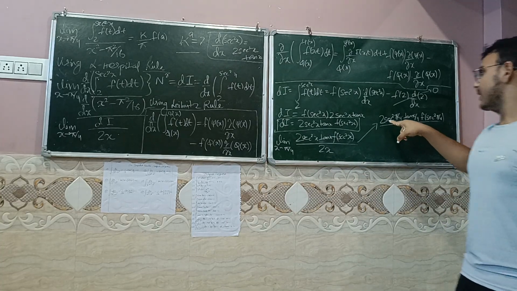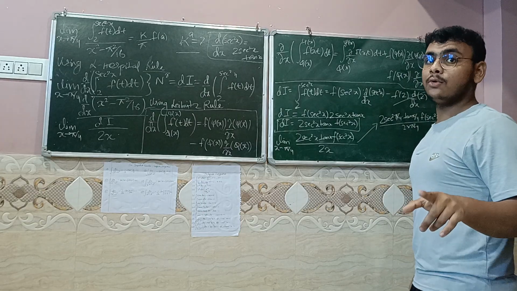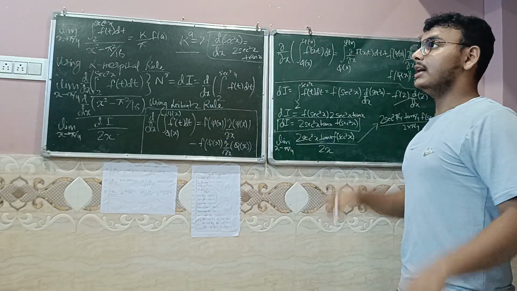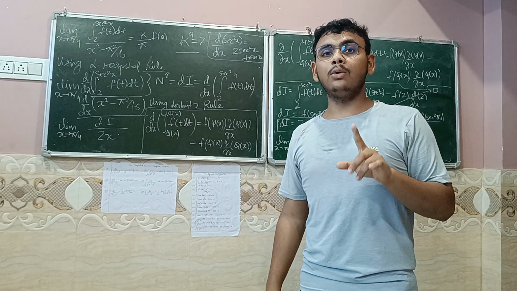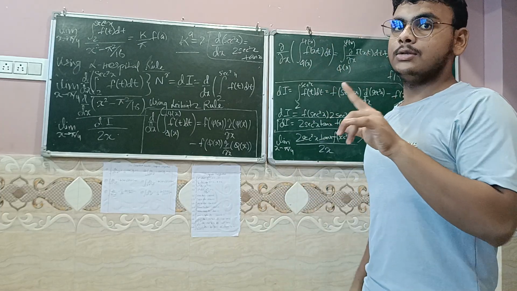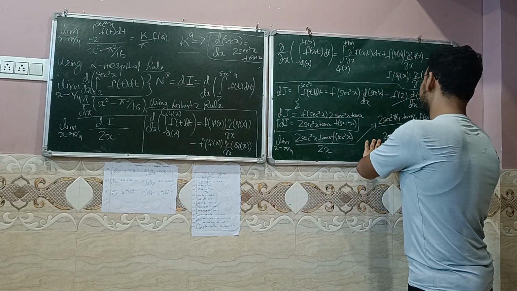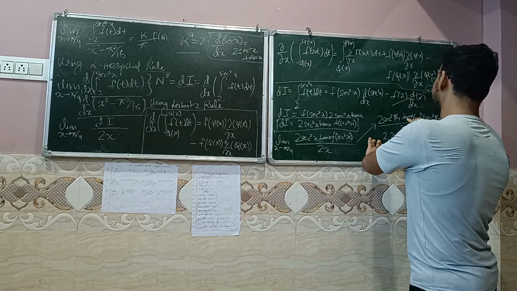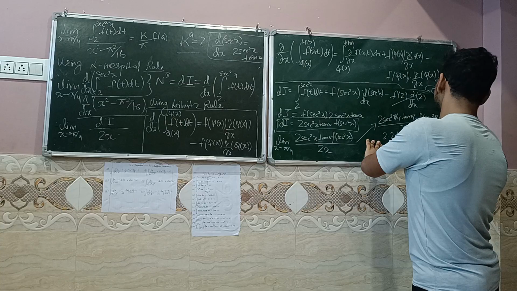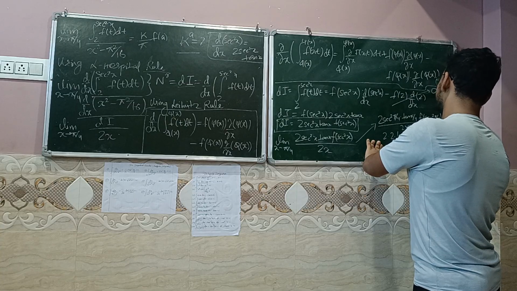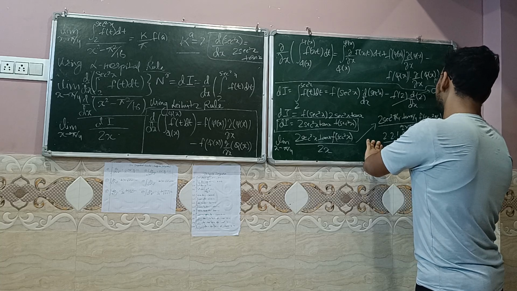As you all know, secant of pi over 4 is root 2, so the square will be 2. So 2 times 2, and tan of pi over 4 is 1. So that is 4.